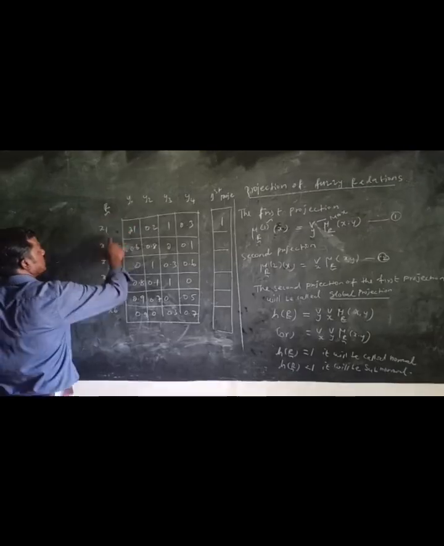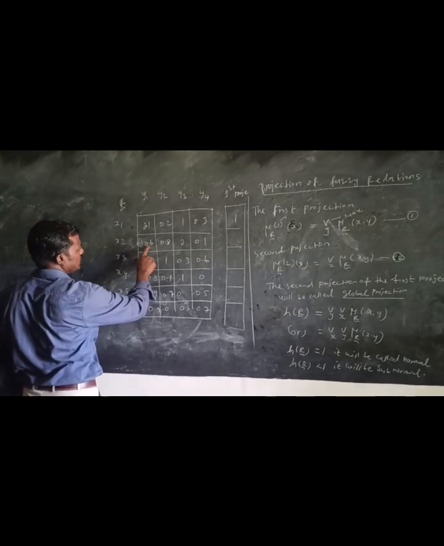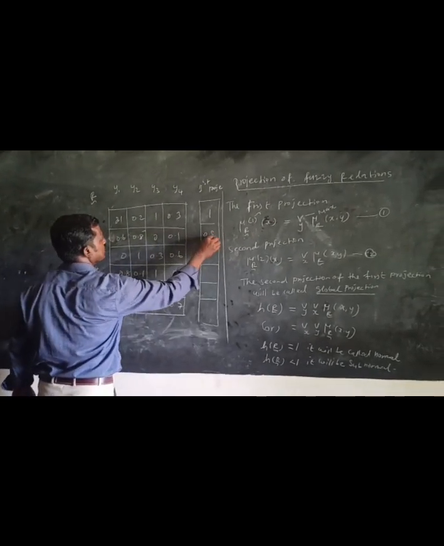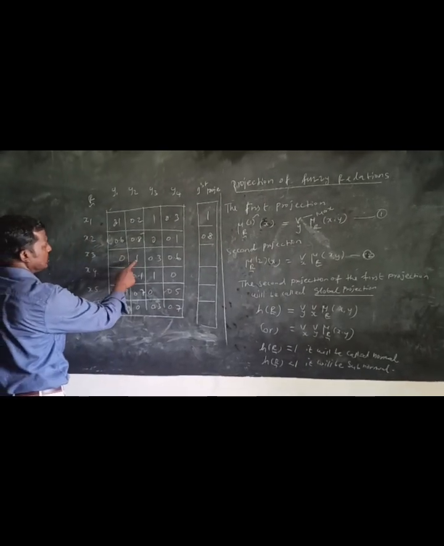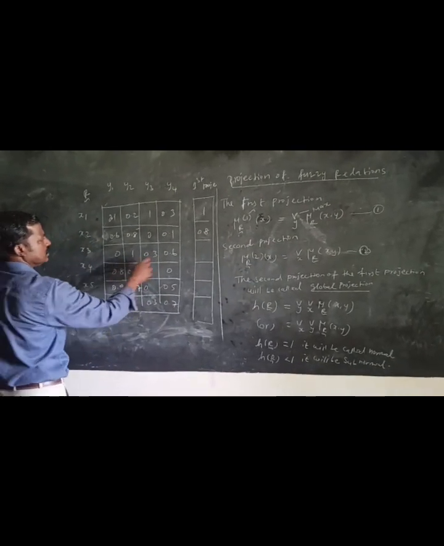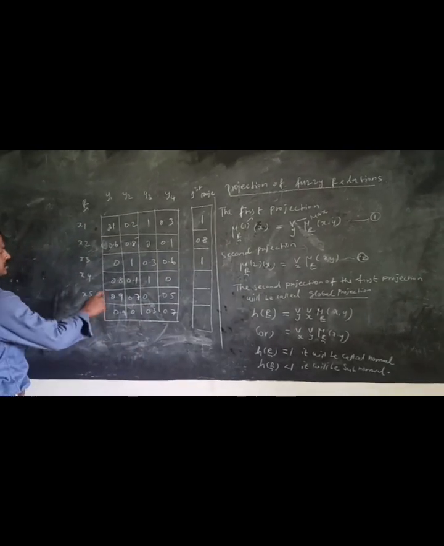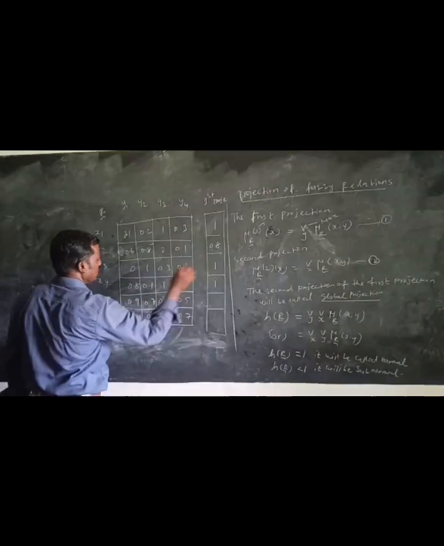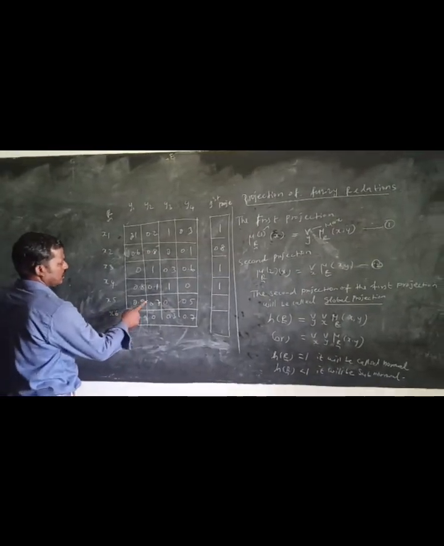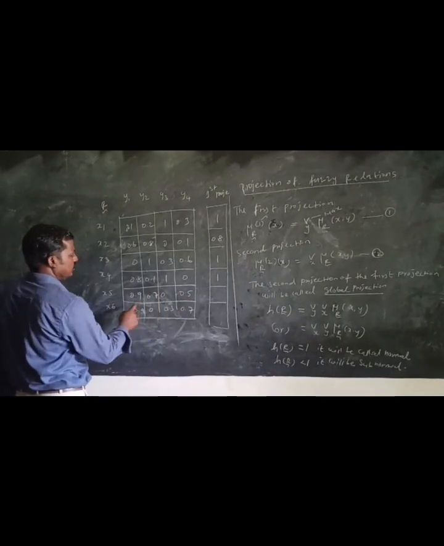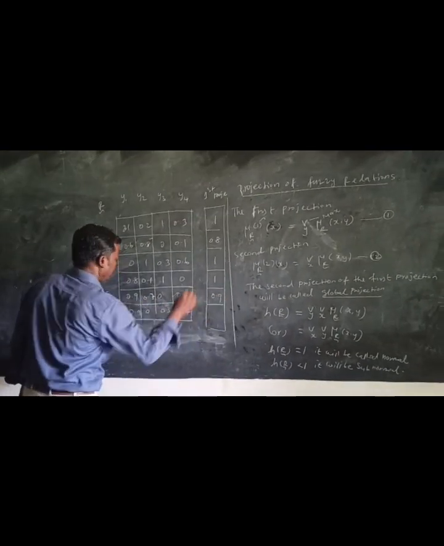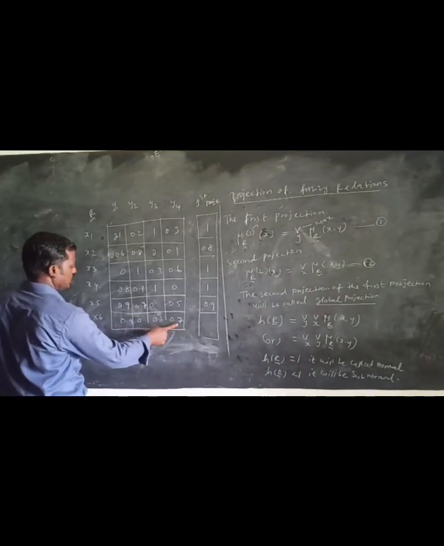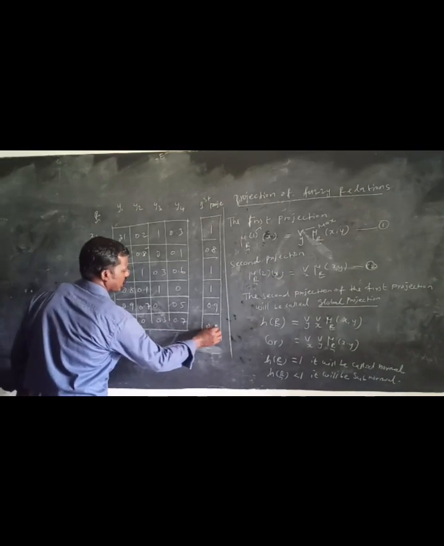Next, the maximum of 0.6, 0.8, 0, 0.1 is 0.8. Next, the maximum of 0, 1, 0.3, 0.6 is 1. Next, the maximum of 0.8, 0.1, 1, 0 is 1. Next, the maximum of 0.9, 0.7, 0, 0.5 is 0.9. Then the last one, the maximum of 0.9, 0, 0.3, 0.7 is 0.9.